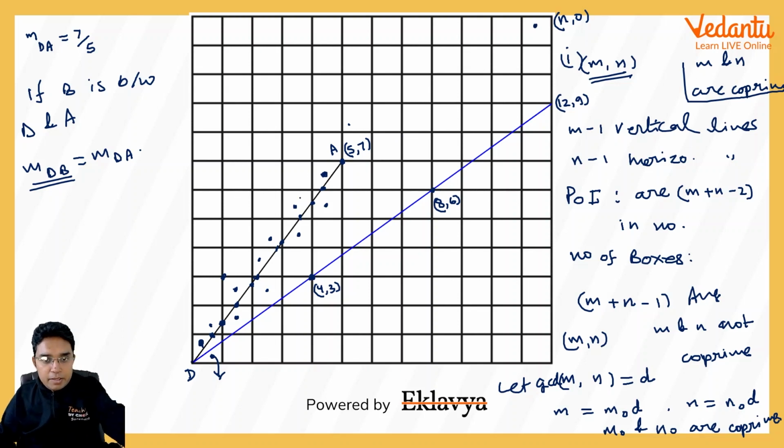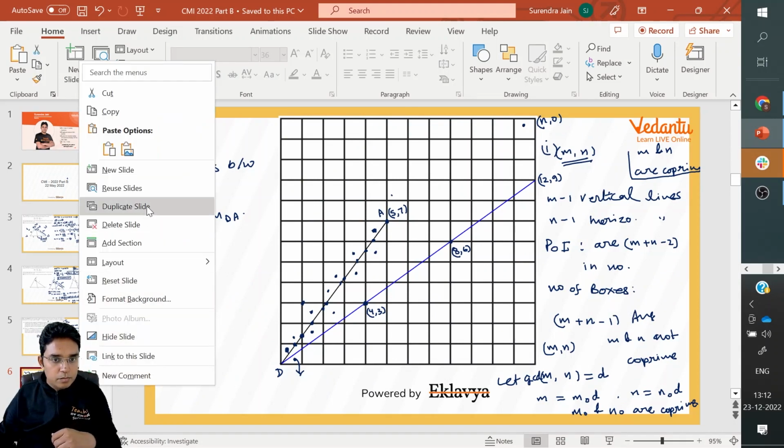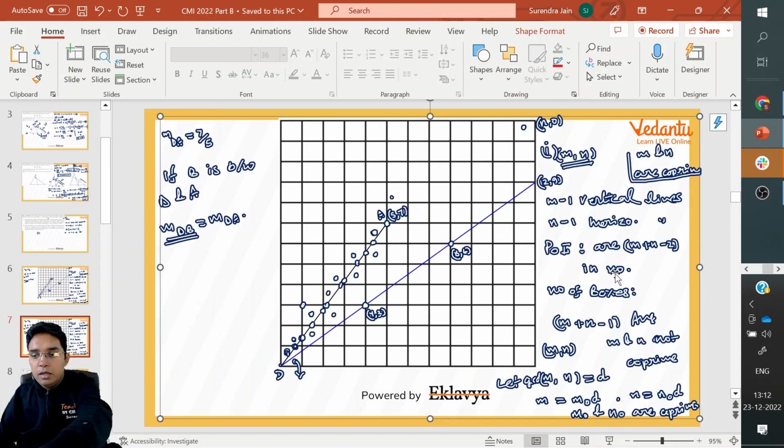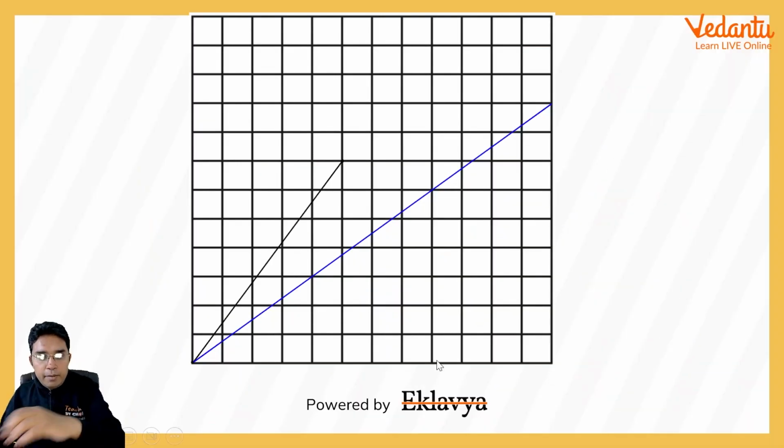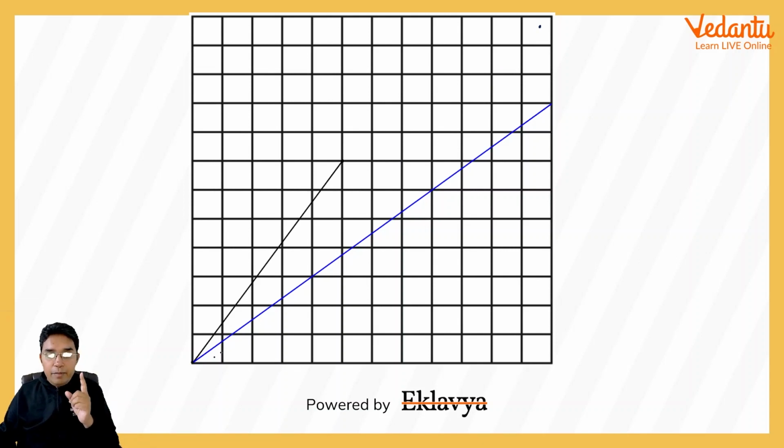Let me make this diagram first. Let me use this diagram once again. So what I was saying, in this case I was suggesting that we should have the last point somewhere here and the initial point somewhere here. But to make sure that we have all intersections with the horizontal lines and vertical lines separately, we can start with this point. This will also make sure that all horizontal lines are cut and all vertical lines are also cut.